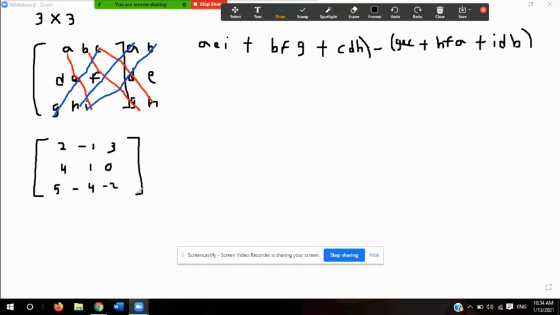So again, that matrix is 2, negative 1, negative 3, 4, 1, and 0, and 3, negative 4, negative 2.